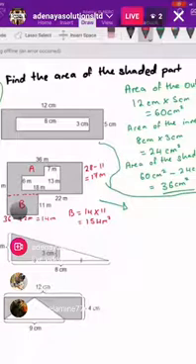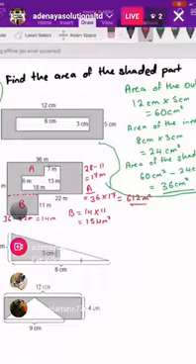So once you have 17 meters, then you multiply that with the 36 meters to give you the area of part A. So I'll write down here the area of part A will be equal to 36 times 17, which gives us 612 meters squared.